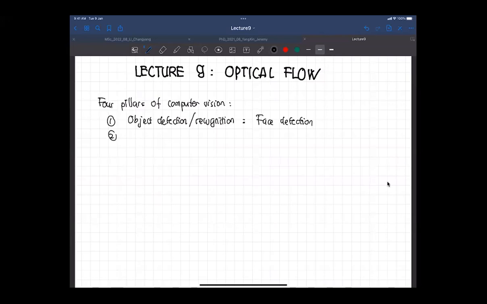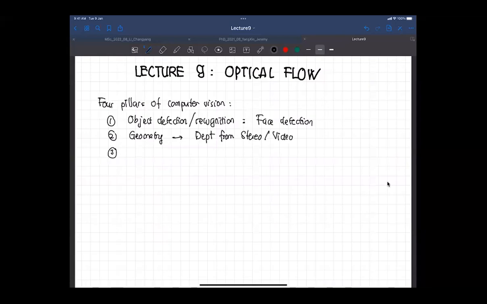And the second pillar that we discussed was geometry. And in this case, we discussed specific techniques, which is depth from stereo or depth from video. So these are the two pillars that we have discussed.